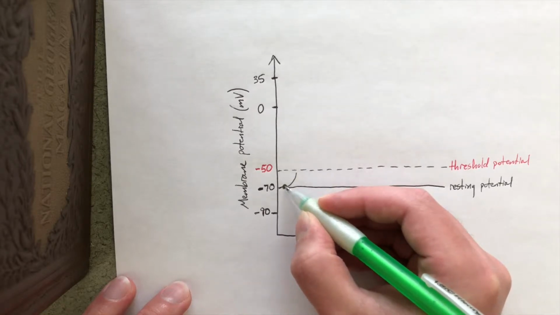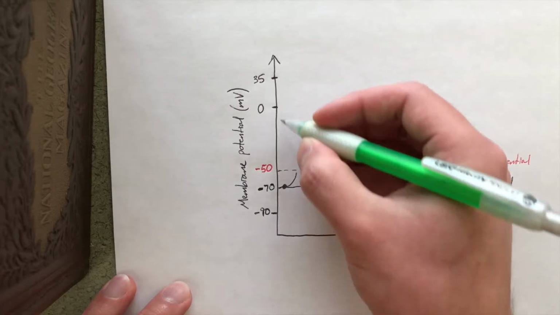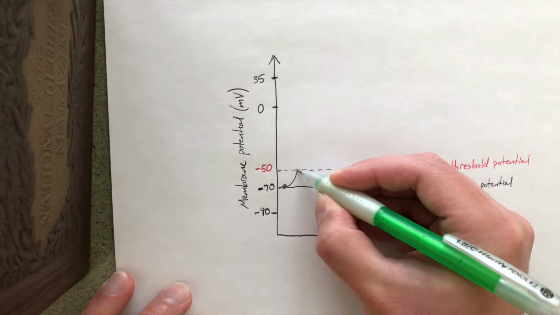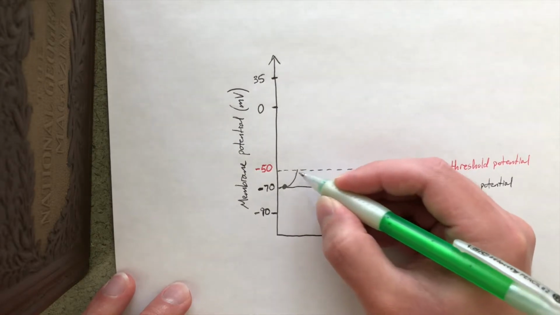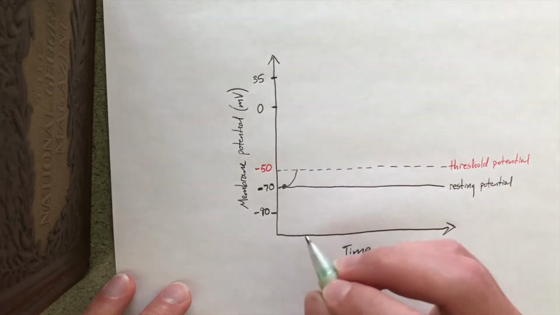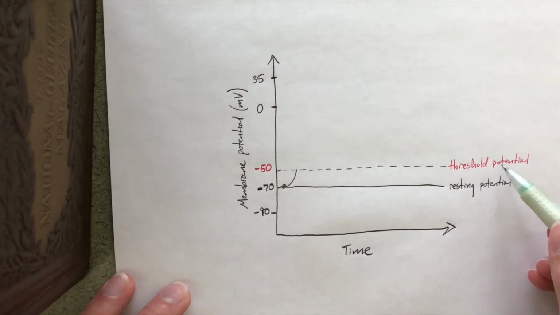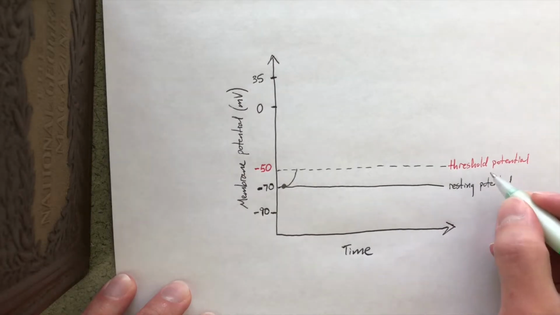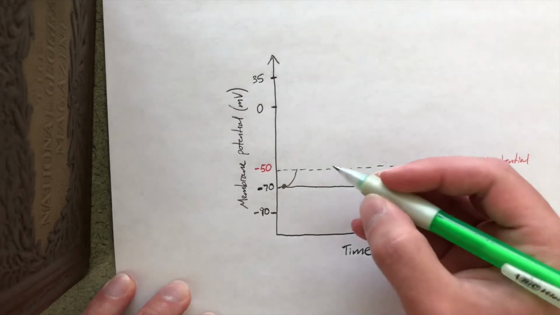And by more positive, we mean moving away from the negatives towards zero, then towards the positives. And so potassium moves out until we get to here, which is around negative 50 in neuron cells, where we meet our threshold potential. And when the threshold potential is met, that basically triggers the action potential because we're crossing this threshold.